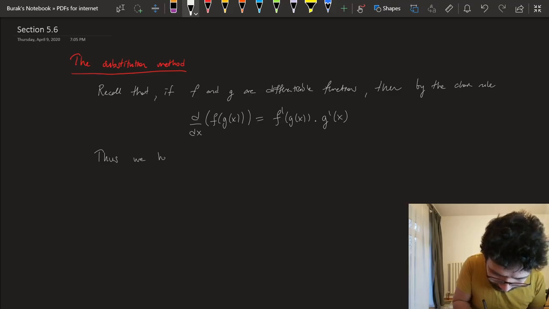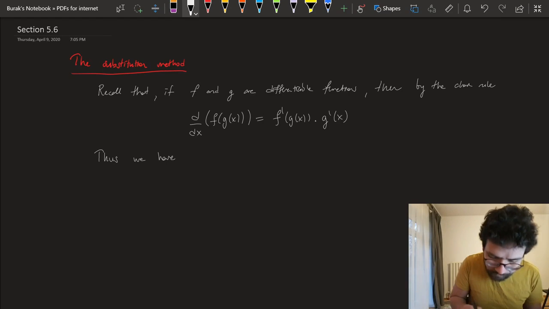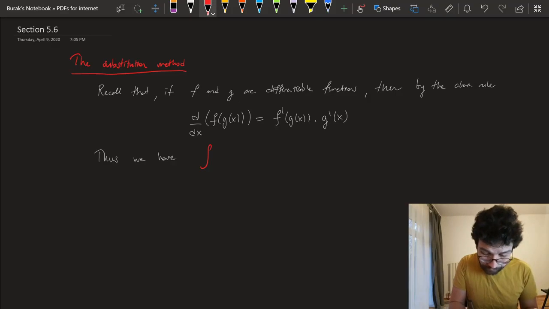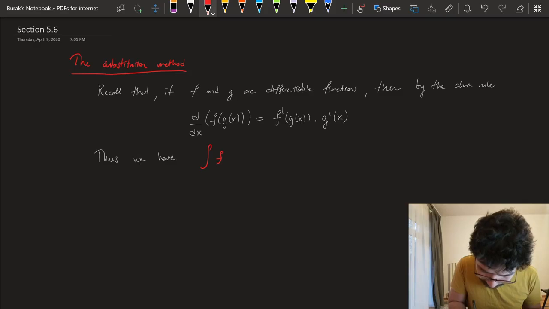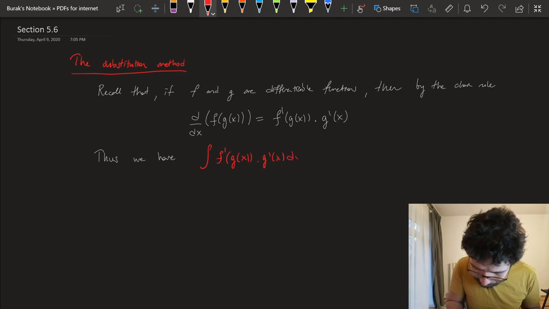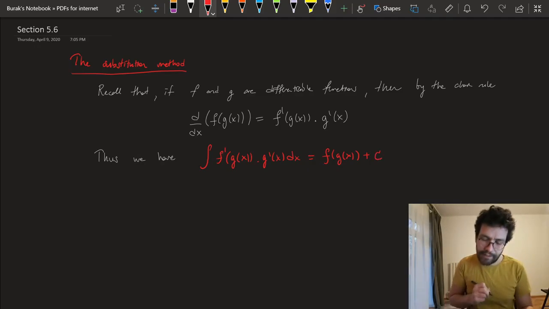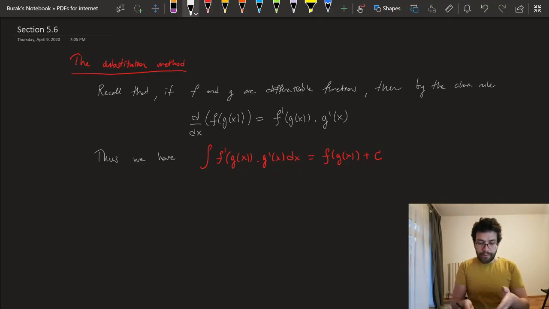Thus, we have the following. The indefinite integral of f prime of g of x times g prime of x dx is f of g of x plus c.